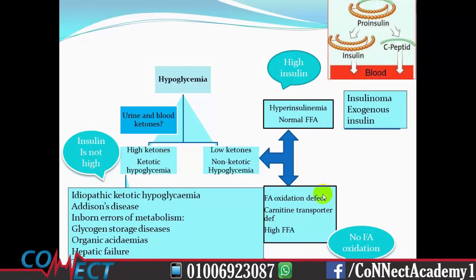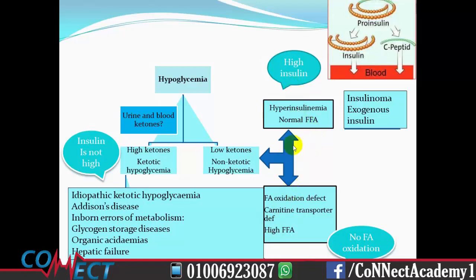To differentiate between these two, we measure the level of insulin. So in the case of high insulin, we will find hyperinsulinemia and normal free fatty acids. But in the case of a fatty acid oxidation defect, you will have high free fatty acids. There is an accumulation of free fatty acids in the circulation that cannot be burned down due to lack of a certain enzyme in the beta oxidation cycle in the liver, like carnitine transporter defect, for example.